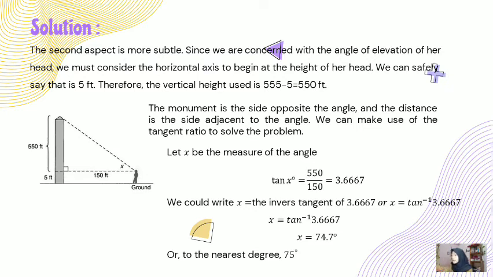We can write x equals the inverse tangent of 3.6667, and so x equals 74.7 degrees, or to the nearest degree, 75 degrees.